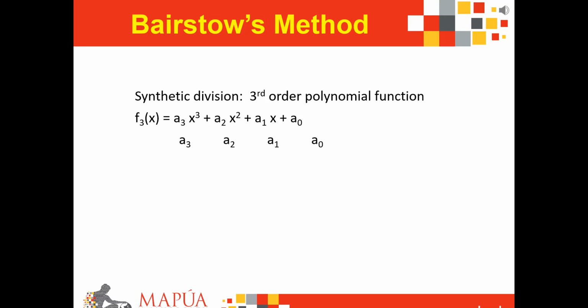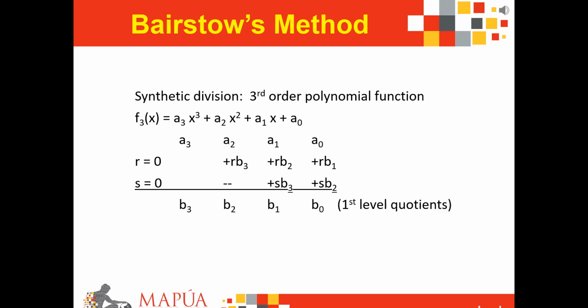However, for this given technique, we will subject them to root values r and s, based on the initial values of your r and s normally given in your problem, which I have intentionally set to be 0 in this illustration.